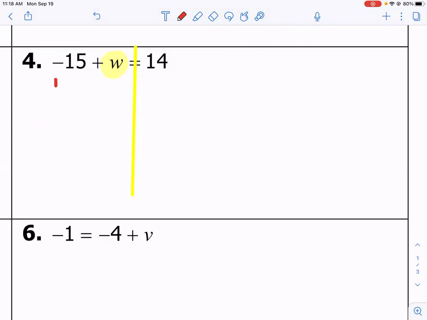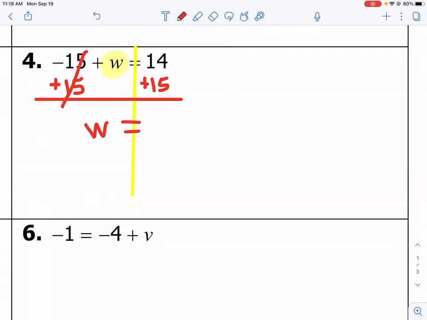Yeah, we should add 15. Okay, because that minus in front of the 15 that we're adding to w is kind of acting like subtraction. Well, negative 15 plus 15, the whole point of adding 15 is so that these will go away, and they have. All right, so we have w equals, ooh, this is nice.